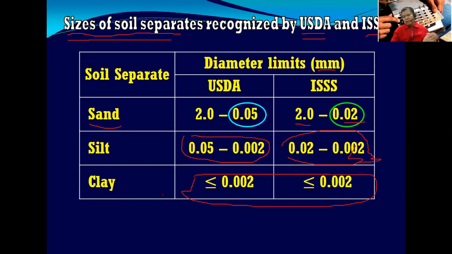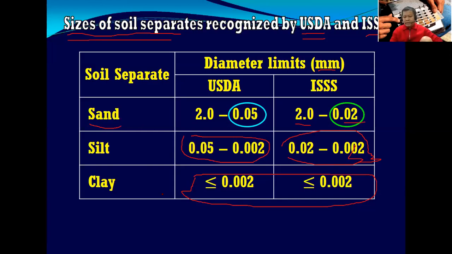Try to familiarize yourself with this, because usually in the board exam, the question that comes out is like this: what is the upper diameter limit of sand under the USDA classification? Or, what is the upper diameter limit of sand in the ISS classification, or the lower limit?